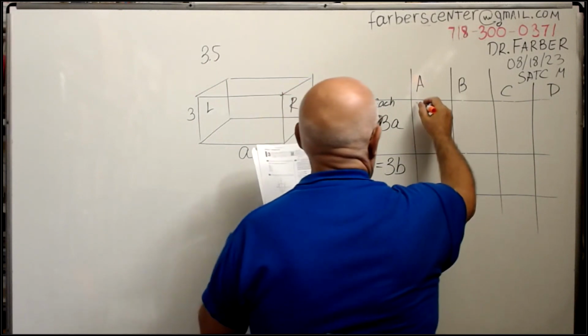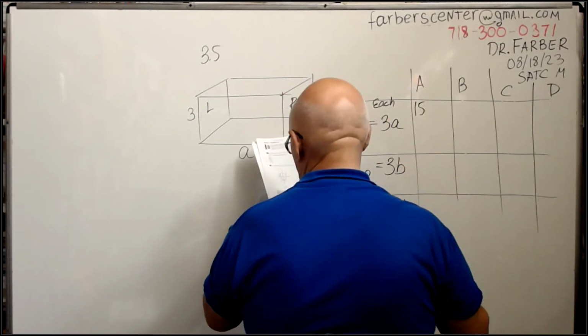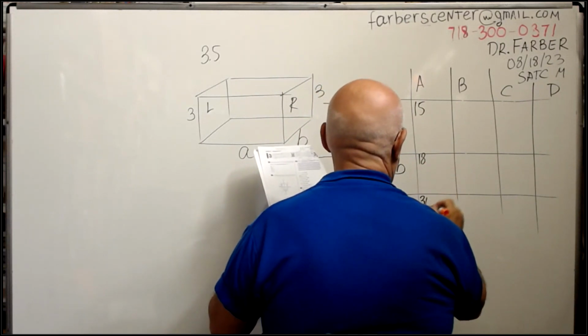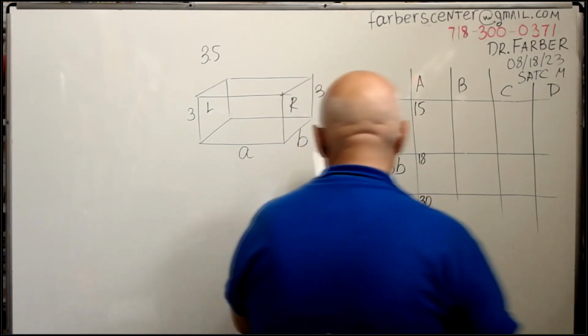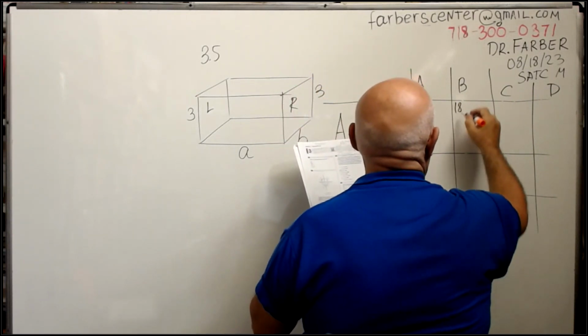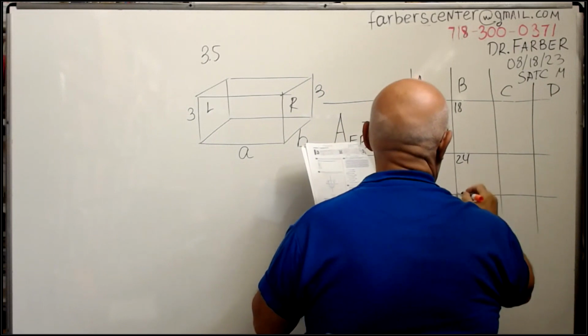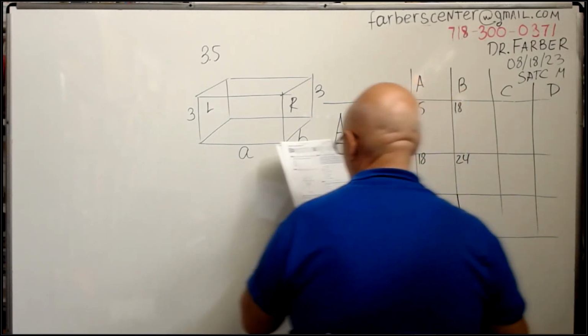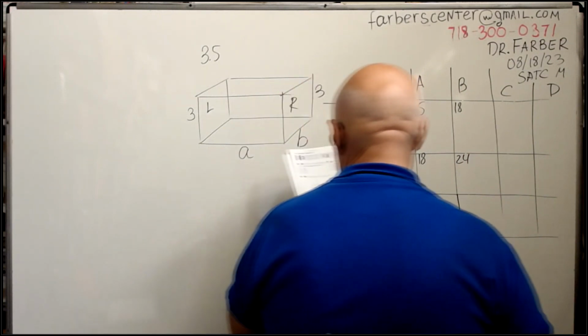A is 15, 18, 30. B is 18, 24, and what else? I believe 48, right?